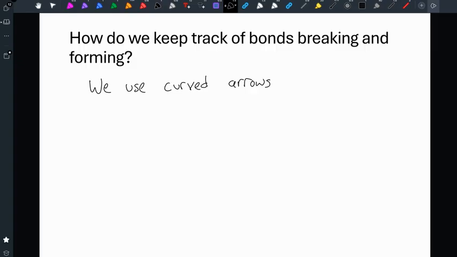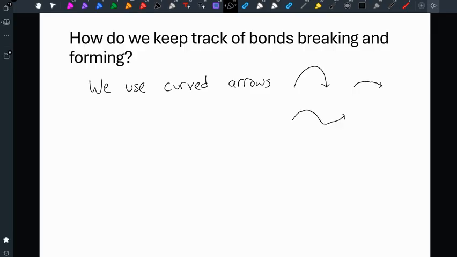And when I say curved arrows, it means the arrow's got to have some curve to it. Sometimes it'll be a big loop. Sometimes it'll be less of a loop. Occasionally, I might draw an arrow that kind of does this because I want it to squeeze into a specific spot. But we will use curved arrows.